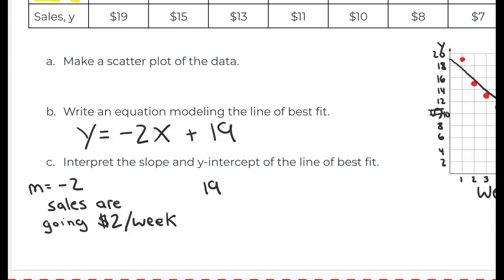And your 19, or your b value, is that the sales start at $19 per week.